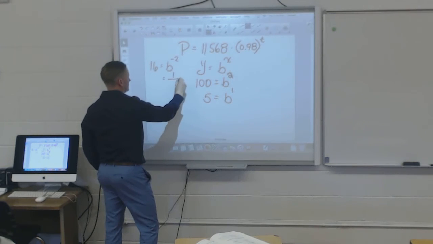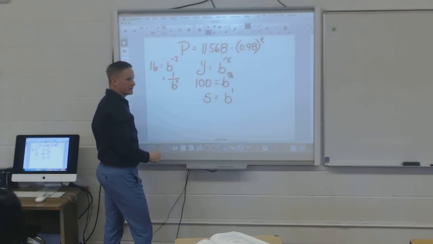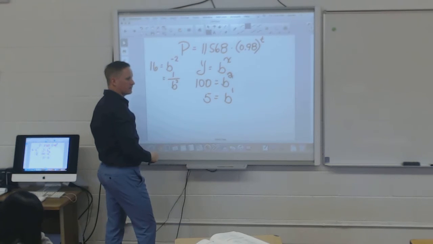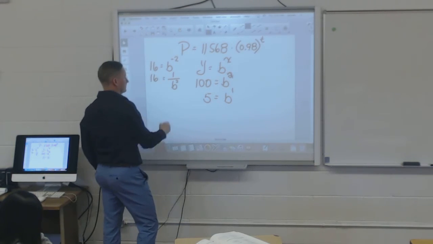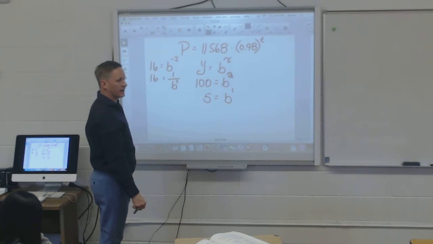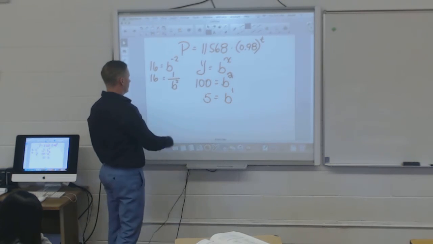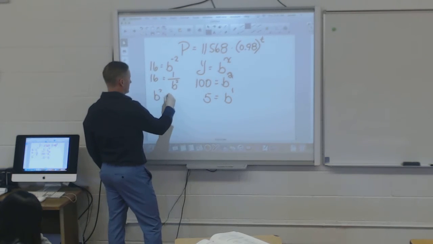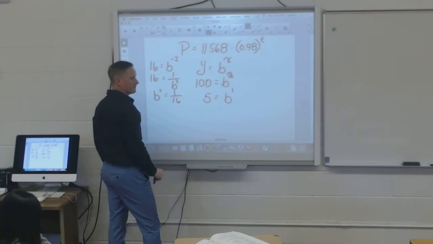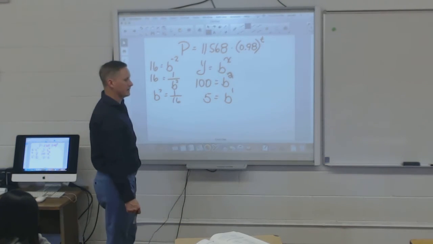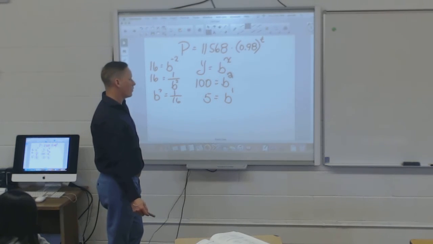I don't know if this is going to work very well, but I'm going to do it like this. 1 over b squared is equal to 16. Like that, right? So if I reciprocate it, I get b squared is equal to 1 over 16. Okay, and then square root of this. Yeah, because I got the answer, but I couldn't really add up that one. That's kind of how I do that. Okay? So you get a quarter as your answer?